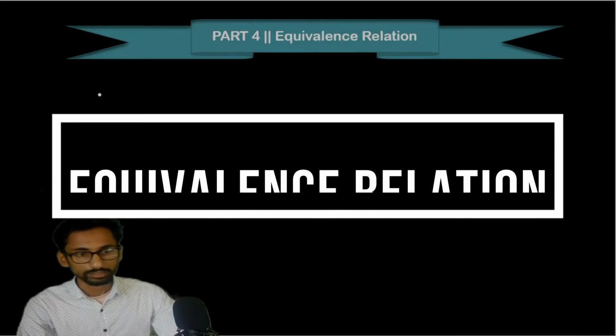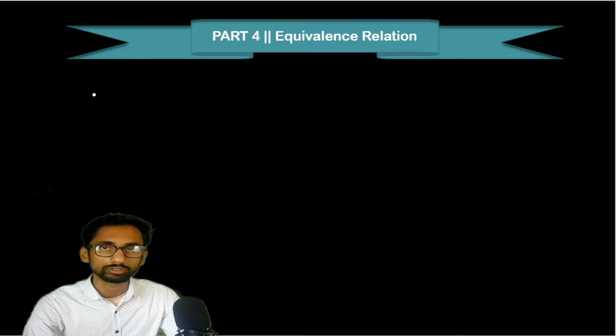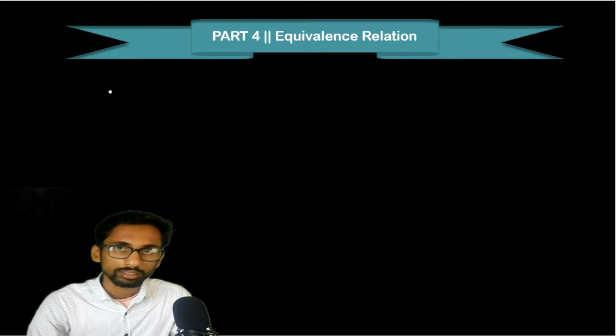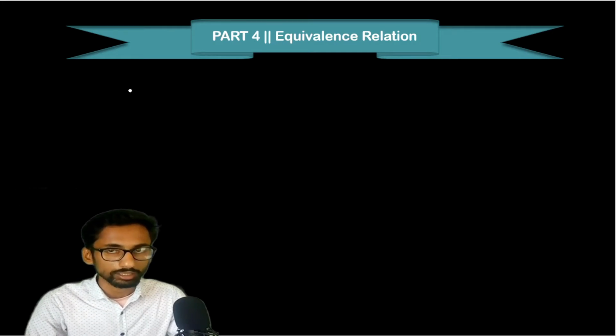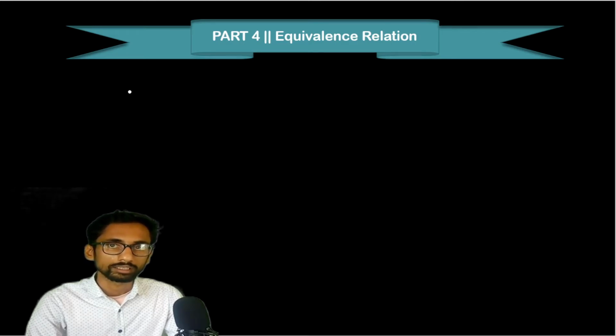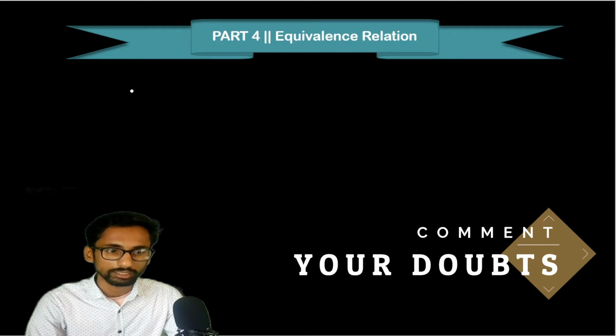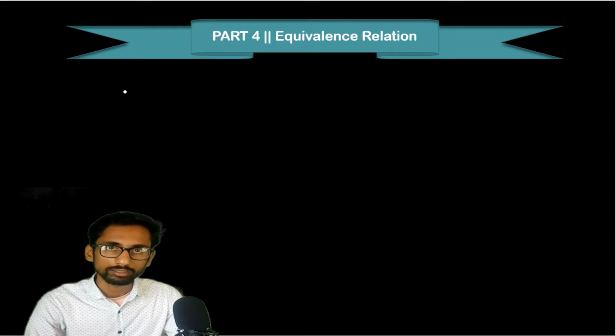The last part of the theoretical discussions about relation. In this part we will discuss the equivalence relation. A relation is going to be called an equivalence relation if and only if it satisfies all the three types of relations. That means it has to be reflexive, symmetric and transitive at the same time. Only then it will be called an equivalence relation.